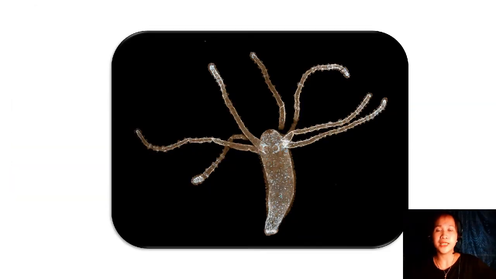The more primitive animals like Hydra have a digestive system with only one opening, which is also called an incomplete digestive system. So if we have a complete digestive system, we also have an incomplete digestive system. So what is an incomplete digestive system?